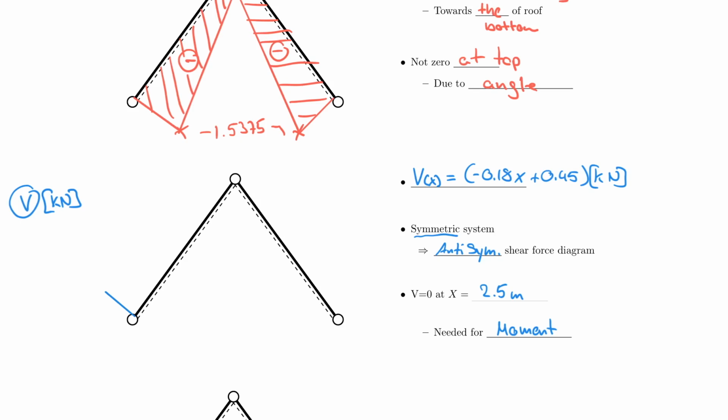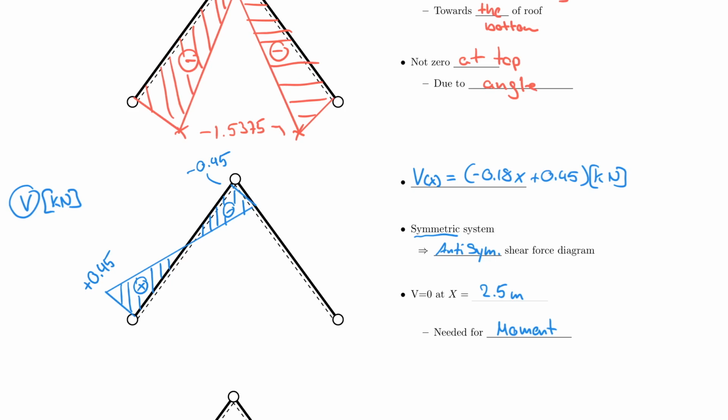There's my positive value. And if I plug in 5 for x into my equation, I will find that it's actually going to negative 0.45. So what I will end up with is a linear function that goes from positive 0.45 to negative 0.45. And now it's anti-symmetric, keep that in mind, right?